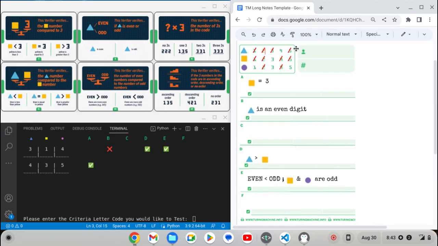So could it be descending? I'm not sure if we can deduce one or the other. So let's go ahead and just test. Let's go ahead and test C, the number of threes.